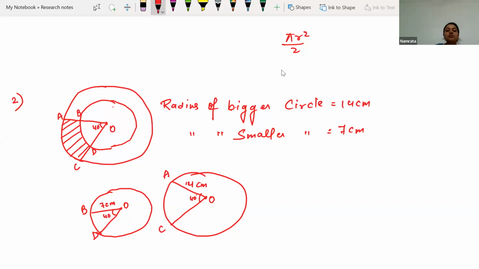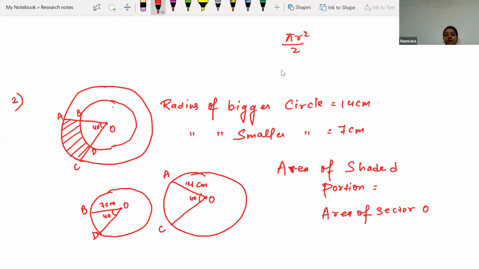And we can write area of shaded region is equal to area of the bigger sector OAC minus area of sector OBD.